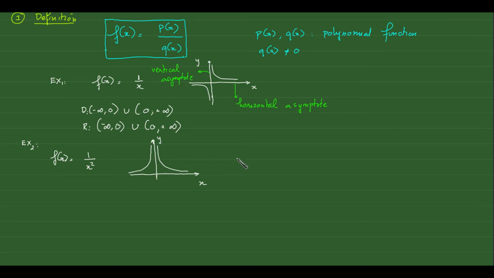The domain will be the same: negative infinity to 0, union with 0 to positive infinity. However, the range will be different, because we don't have the bottom part. The range will start from 0, which is not included, to positive infinity. So these are two typical examples of simple rational functions.